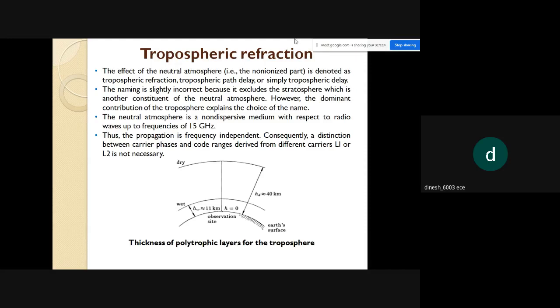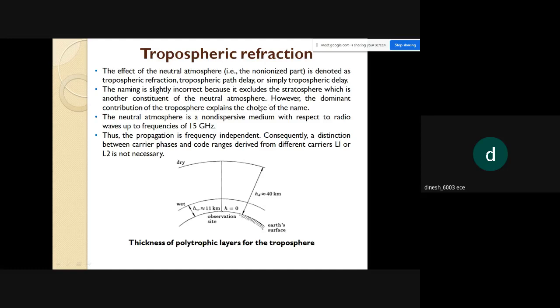So the effect of the neutral atmosphere, that is the non-ionized part, is denoted as tropospheric refraction or tropospheric path delay, or simply tropospheric delay. This name is slightly incorrect, since it excludes the stratosphere, which is also a constituent of the neutral atmosphere.